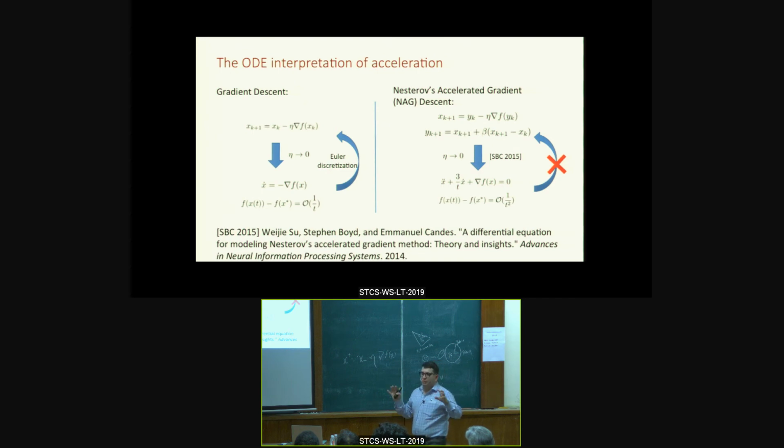But the 0th order bit of it is that as you make the step size smaller and smaller, the derivative is better and better approximated by xk plus 1 minus xk, over some epsilon. Think of it this way: I take xk plus 1 minus xk over eta, and I approximate that as x dot, and now I want eta to go to 0. That's roughly it.